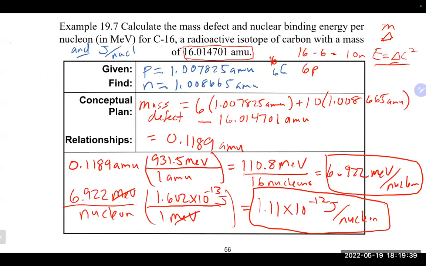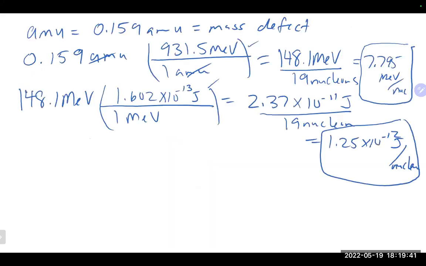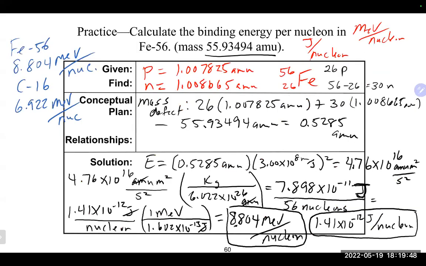And the very first one that we did was about 7.795 mega electron volts per nucleon, and that was for fluorine-19. Most stable here is which one?